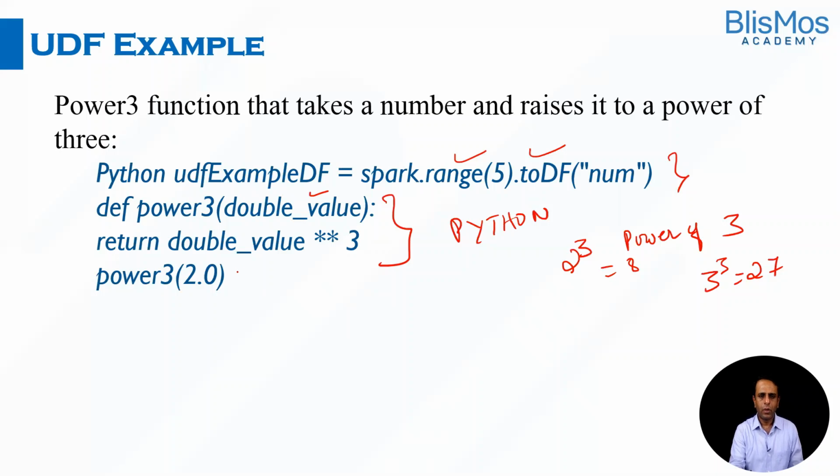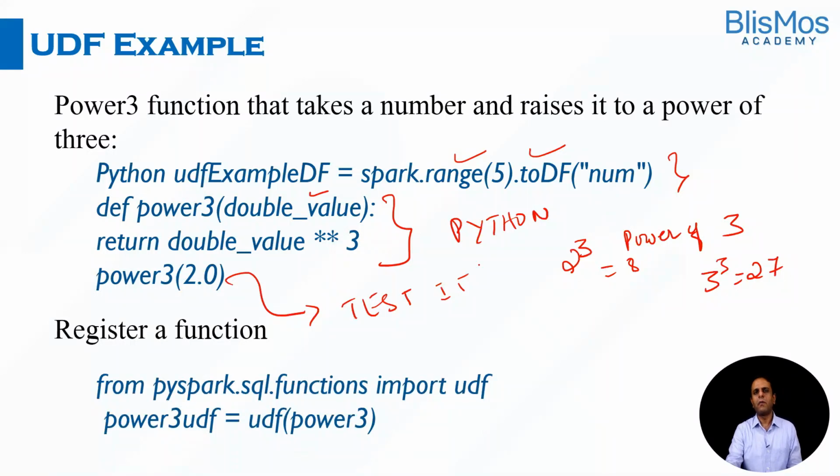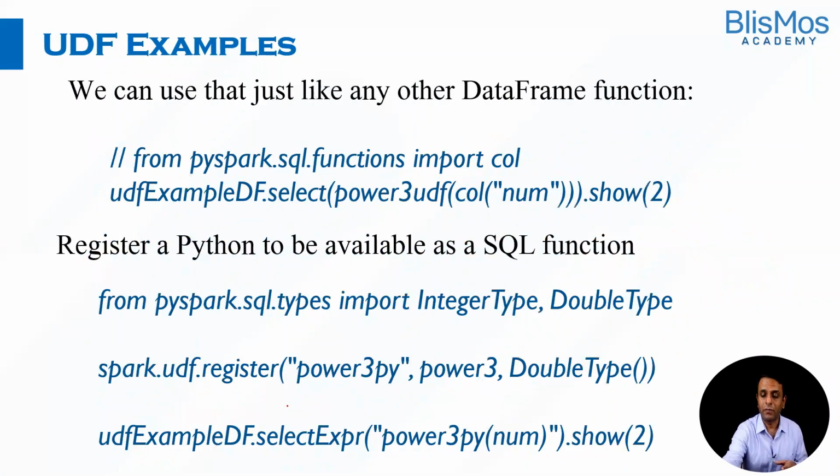Now once we define the function, we got to test whether the function is working fine or not. To use the function, we need to register it. The way we can do it is import the UDF, give any name, and register the function by using the UDF function. After that only we'll be able to use it on a data frame.